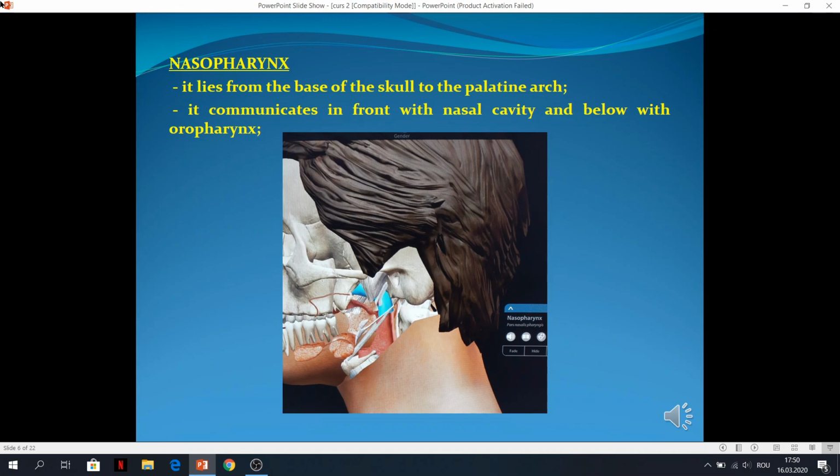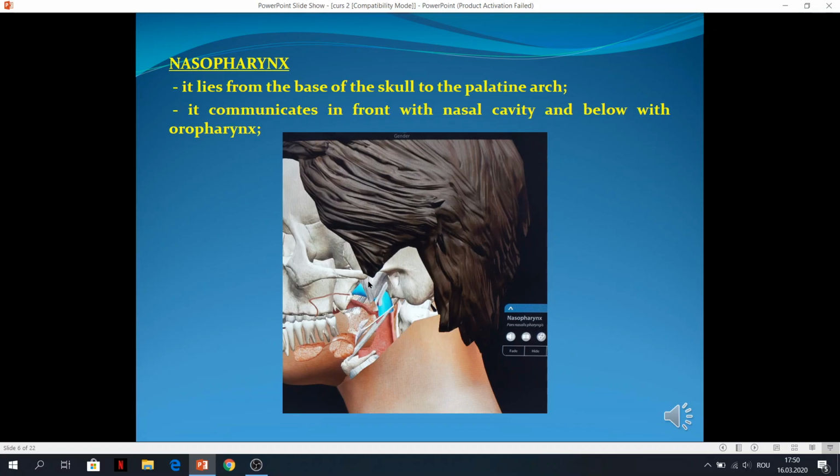Let's take each segment of the pharynx separately. First of all, nasopharynx. Look at it. The blue part, the selected part, is a picture taken from the anatomy table. You know that I like it. I said that the pharynx starts from the skull base.